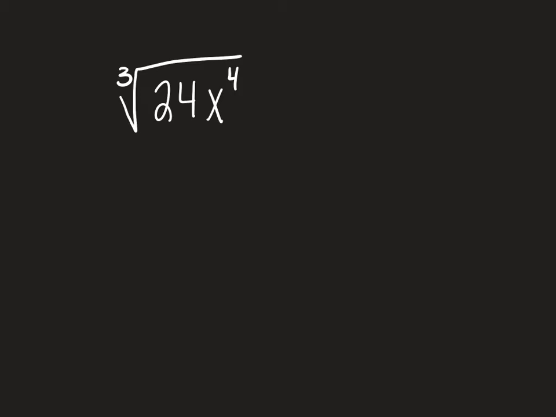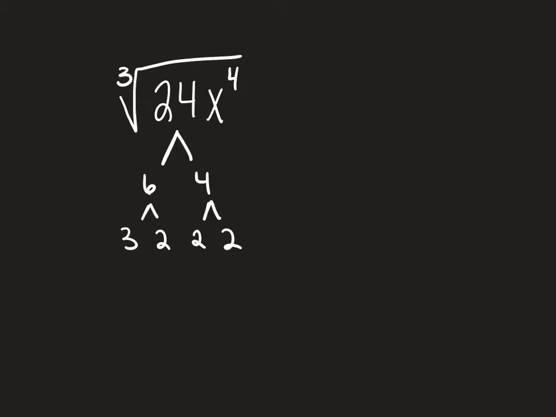So, first thing we're going to do is we're going to break up our 24. So, what are your favorite factors of 24? 6 and 4. Right, and it doesn't matter which ones you start with, because as you break it all down, you're going to get the same numbers anyway. So let's do 6 and 4, which then gives us 3 times 2 and 2 times 2.